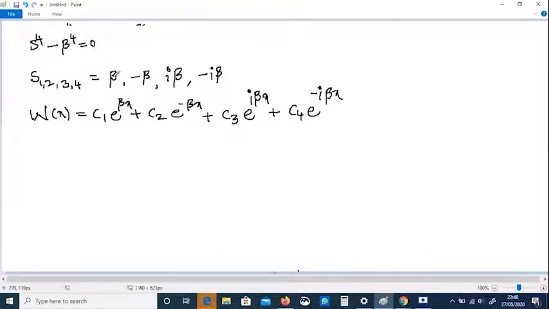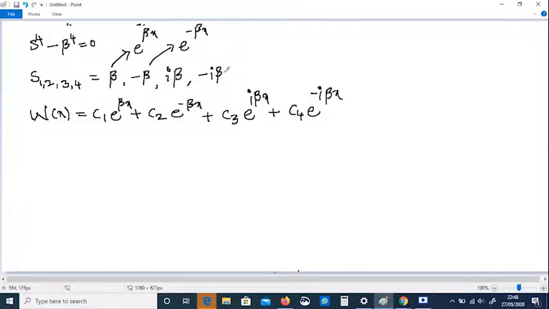Hence, each and every solution of this equation leads to a sum total. If an individual e to the power of beta x is a solution and individual e to the power of minus beta x is a solution, then the sum of these two can also be a solution for the governing equation or the differential equation, right?